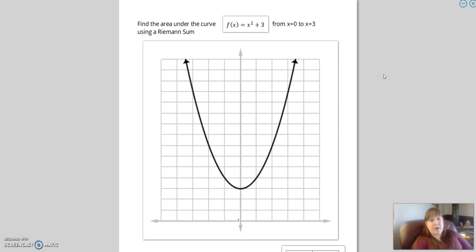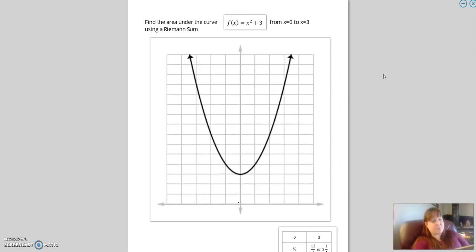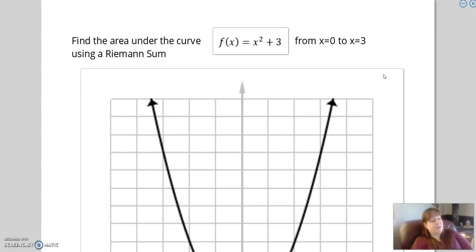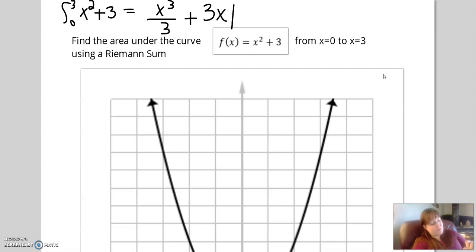So you guys know how to integrate this. This is x squared plus 3. So let's just go ahead and find the integral. We would do the integral from 0 to 3 of x squared plus 3. So that would equal x to the third over 3 plus 3x evaluated from 0 to 3.